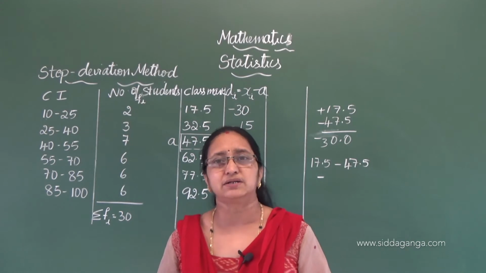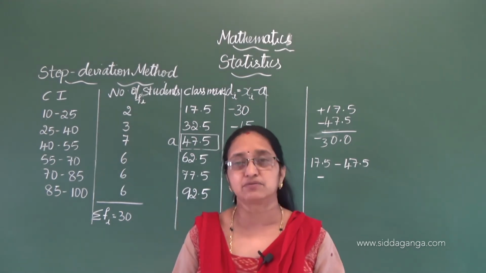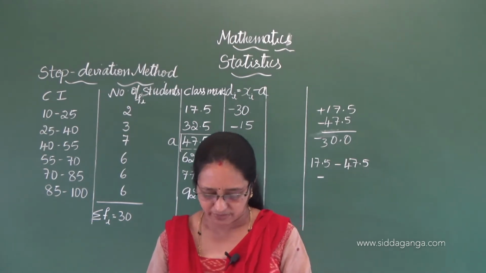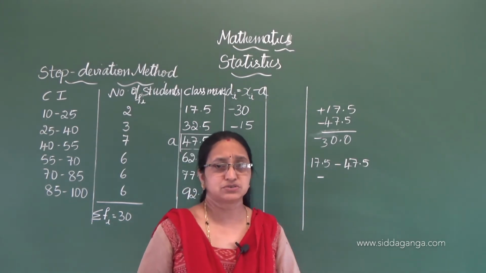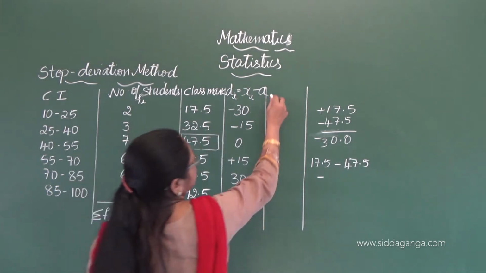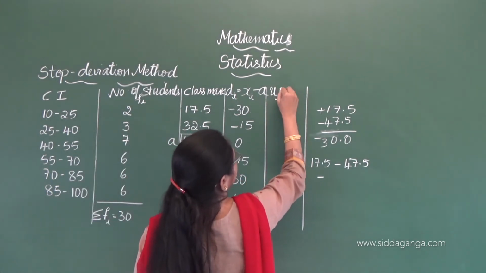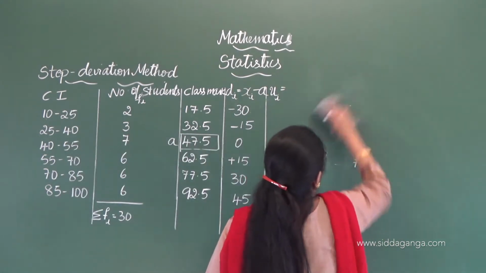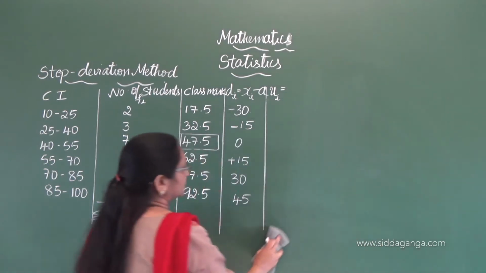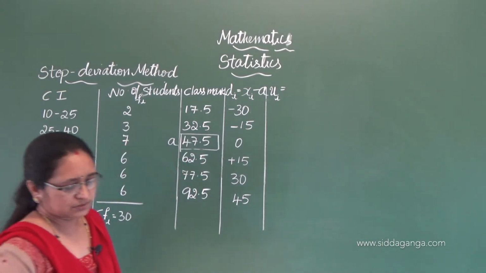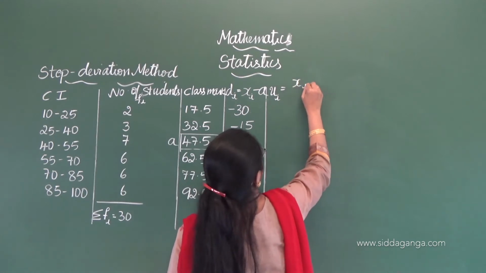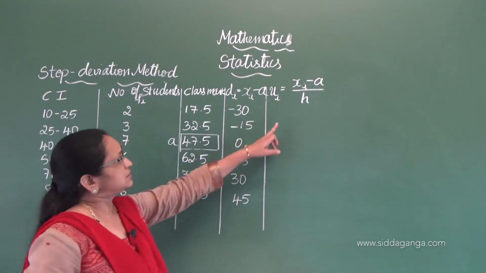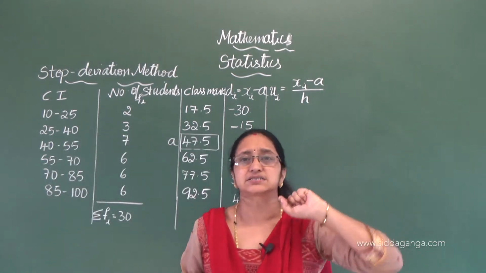This is a very important step. So we will introduce another term here, ui. ui is equal to xi minus A divided by h. Here h is the class size.